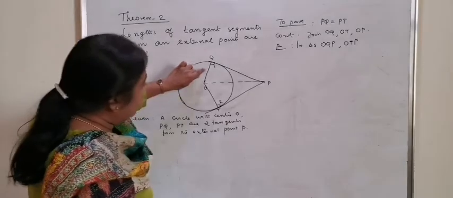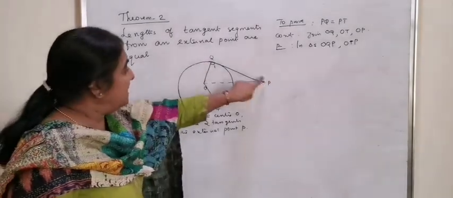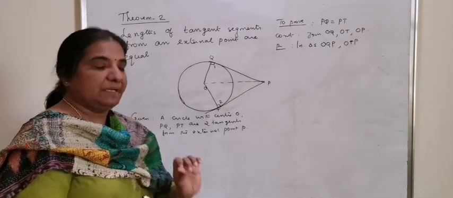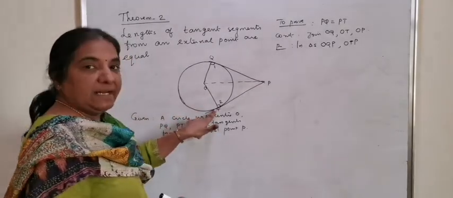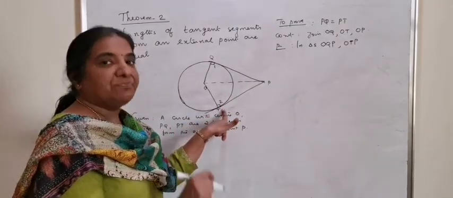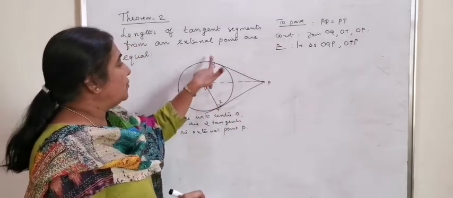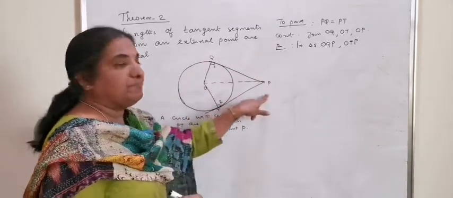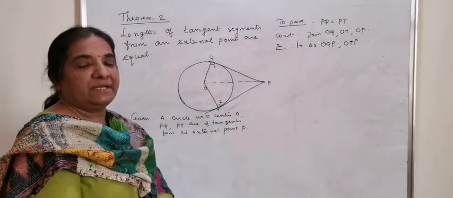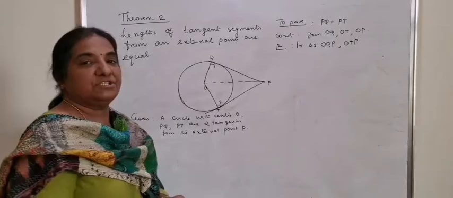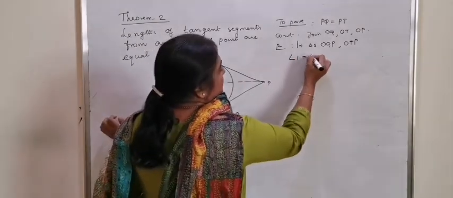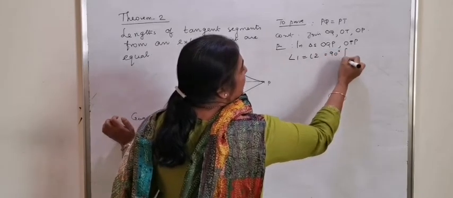You can see OQ is a radius, PQ is a tangent at the point of contact Q. Similarly, OT is a radius, PT is a tangent at the point of contact T, which shows that angle OQP and angle OTP both are 90 degrees, by the theorem radius is perpendicular to the tangent at the point of contact. So angle 1 is equal to angle 2 is equal to 90 degrees.